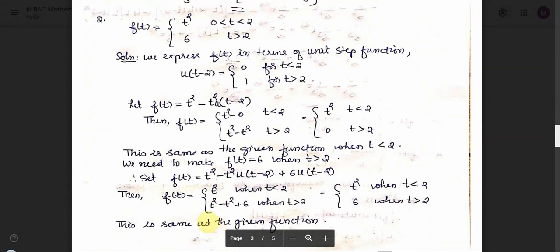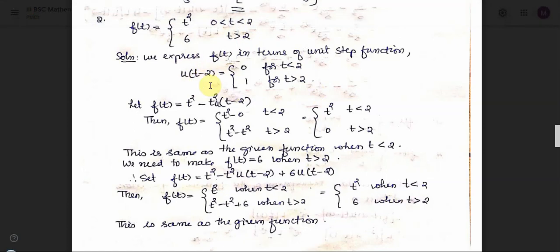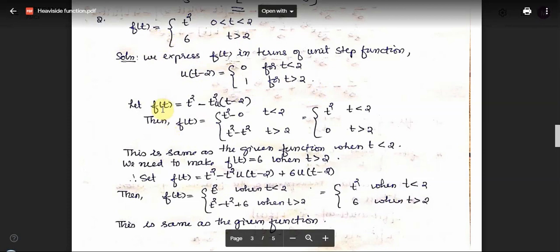Similarly, the second one, we have to express this in terms of unit step function. Because the breakpoint is 2, I have to put it in terms of u of t minus 2. What is u of t minus 2? 0 for t less than 2, 1 for t greater than 2. Now, how should I go on setting my function? F of t I will take, and the first part minus the first part into u.